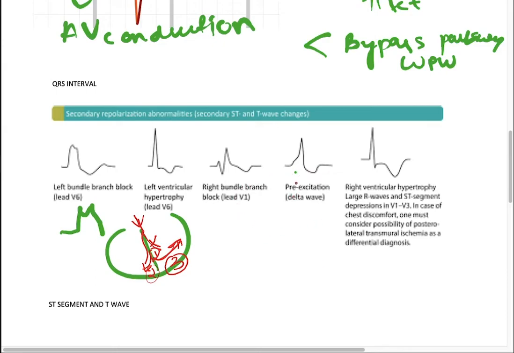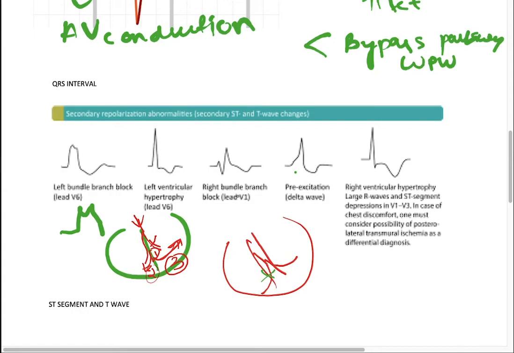Let's talk about right bundle branch block, right? It's the same concept. Now if you look, the bundle of His is coming and dividing into obviously left and right bundle branches. So now the block should be on the right side, right? So if I do a block over here, then on the left side, there will be septum.